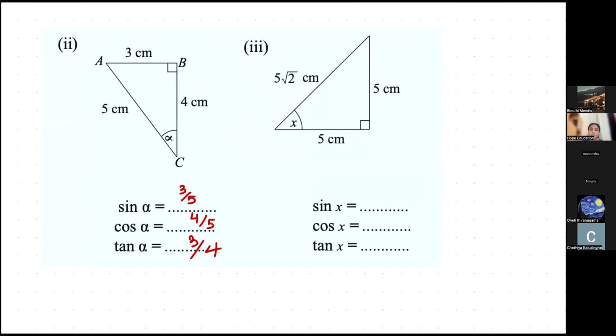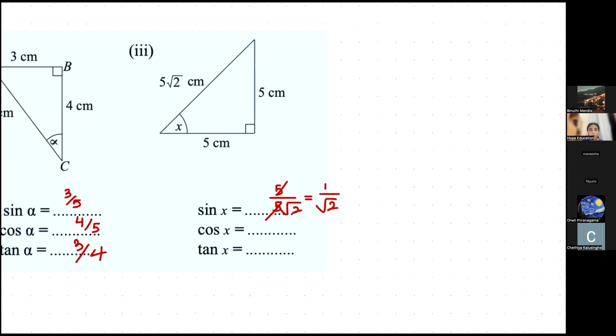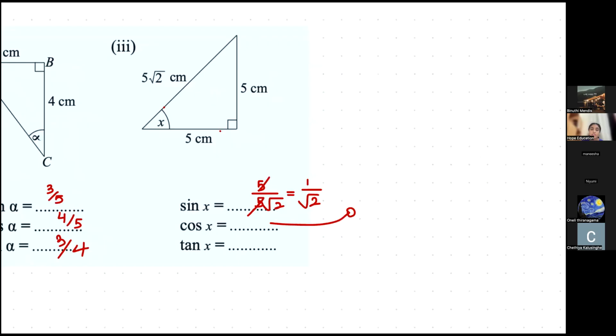Then the next one, x is the angle. Sin x means opposite side over hypotenuse. So opposite side is 5 centimeters divided by hypotenuse 5 root 2. The 5 cancels, and you get 1 over root 2 as sin x. Cos x means adjacent side over hypotenuse.